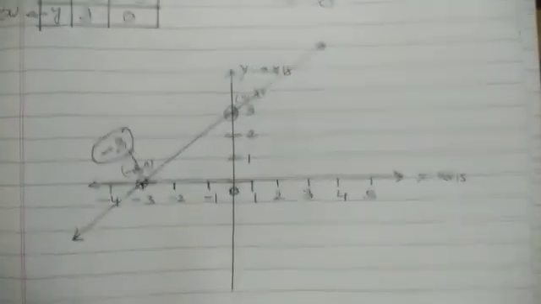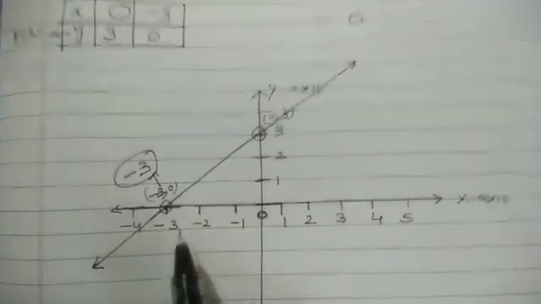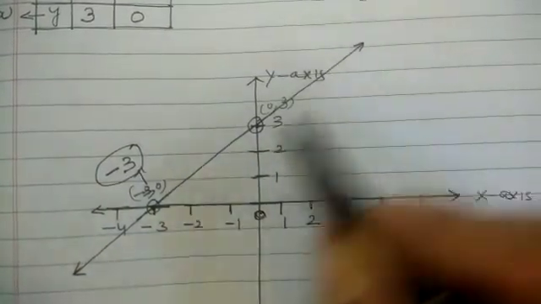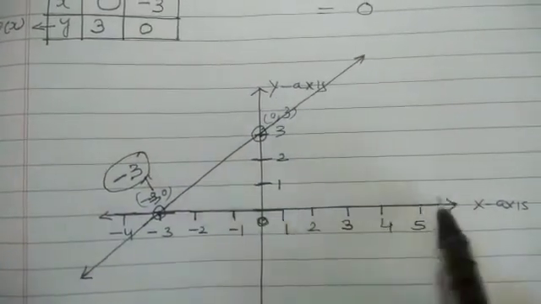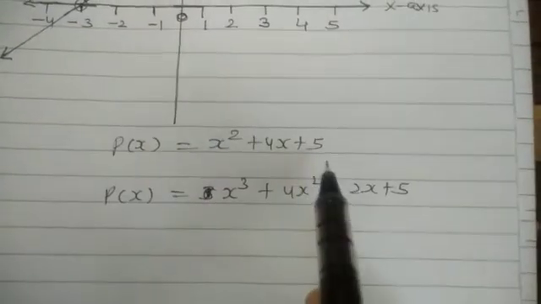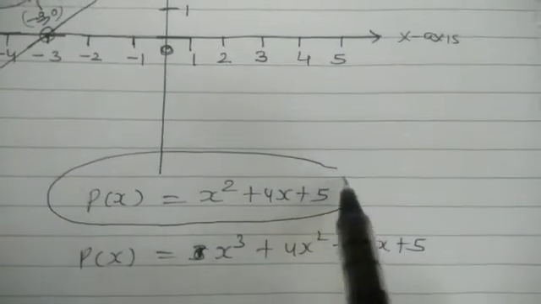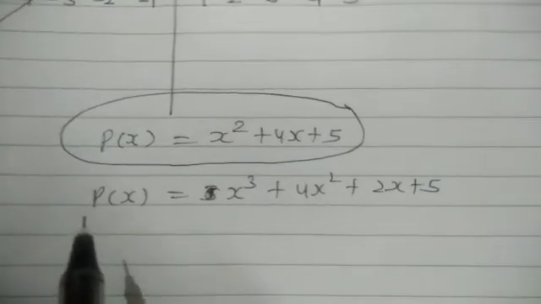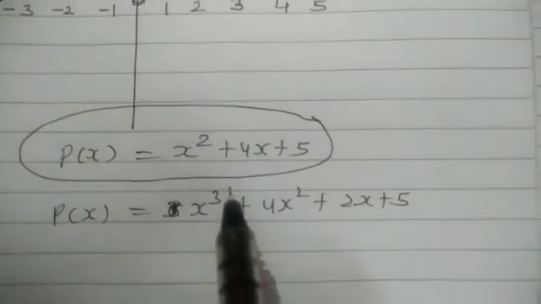From this example, we conclude that 0 of a polynomial is x-coordinate of the point where the graph of the given polynomial intersect the x-axis. You know the quadratic polynomial has maximum 2 zeros, and if we have cubic polynomial, then it can have at the most 3 zeros.